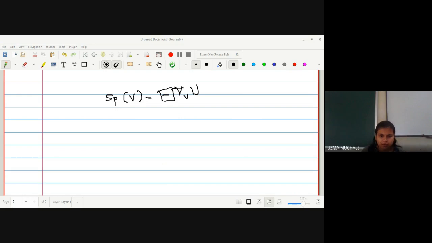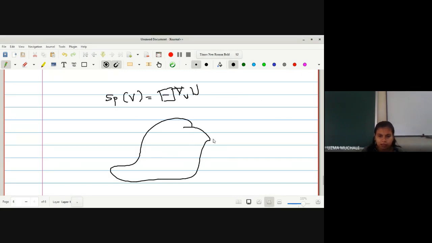Suppose this is some surface M, and we want to find the shape operator at a point p. This, suppose, works as a tangent vector, and this is the unit normal vector field. So the shape operator S_p(v) is in the direction like this. Both are equal and opposite. This is del_v U, and this is the shape operator.